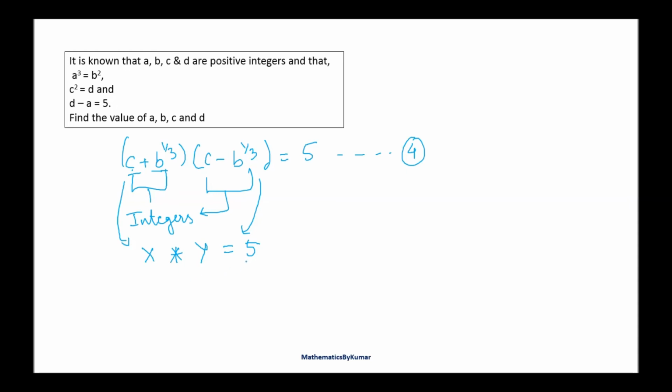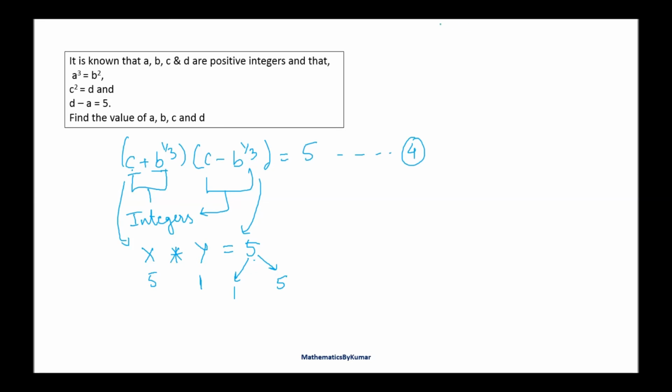Since 5 is a prime number, there are not a lot of factors of 5. The only possibility is to multiply 1 and 5 to get the product 5. Because X has C plus B to the power 1 by 3 and Y has C minus B to the power 1 by 3, X is 5 and Y is 1. This is the only possibility.